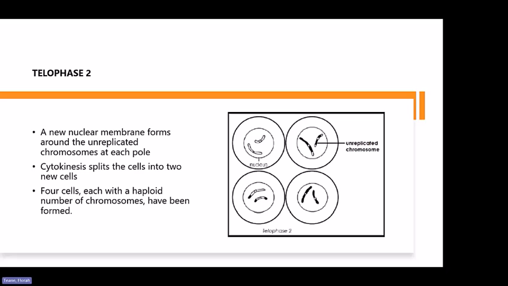So when cytokinesis happens, each cell will be divided into two. Do not forget we were working with two cells which were the end product of meiosis 1. So at the end of telophase 2, we do not have two cells but four cells, because each cell divided into two.